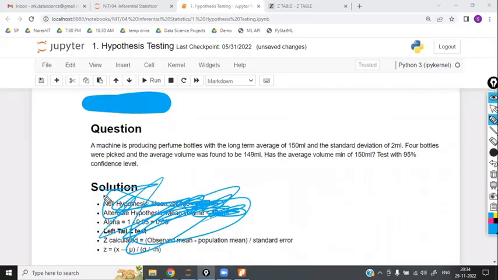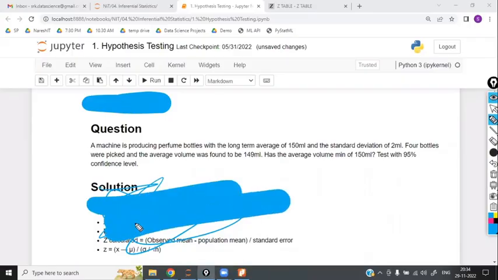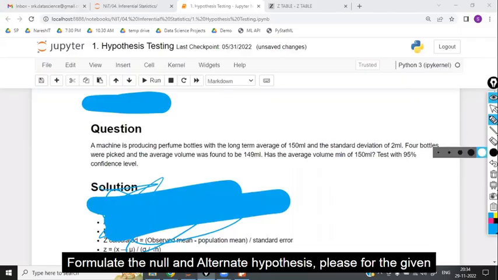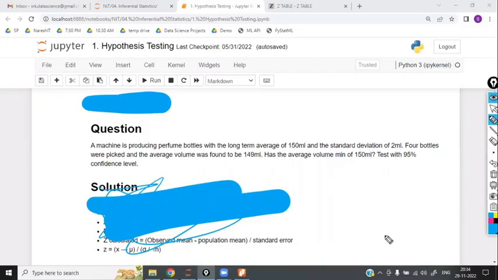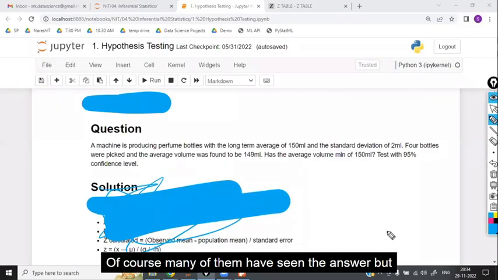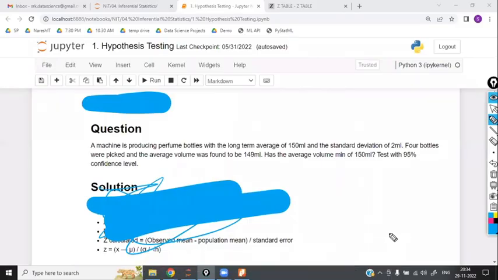Just formulate the null and alternate hypothesis, please, for the given question. Of course, many of them have seen the answer, but still.